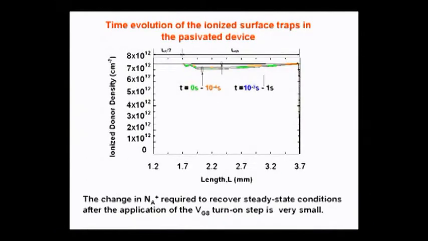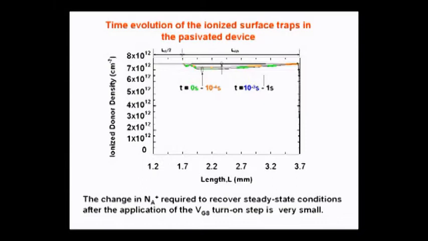In the case of passivated devices, the change in the ionized donor density needed to recover the steady state conditions after the application of the turn-on step is much smaller, and this is why the transient is negligible in the passivated device.